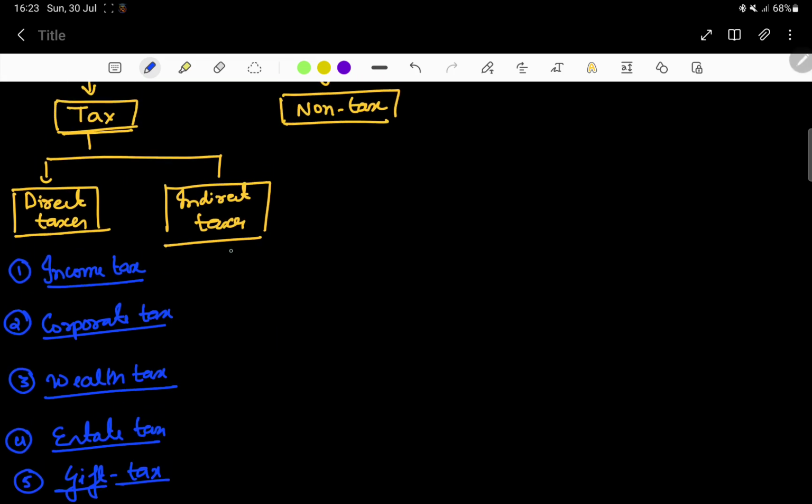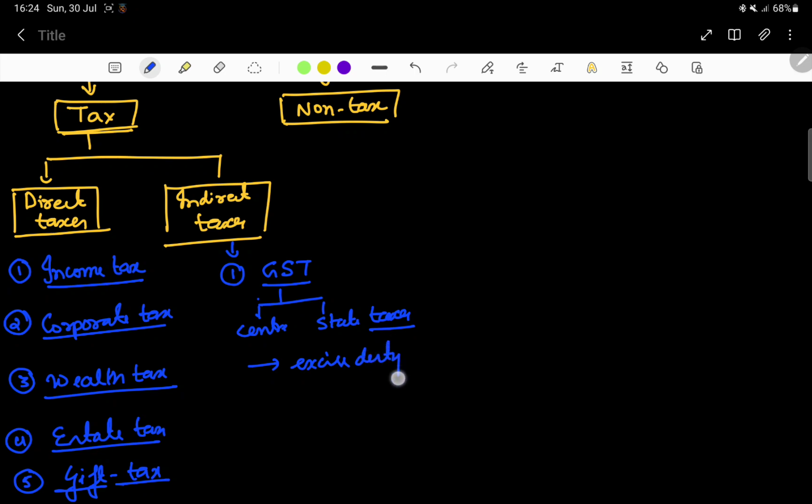In case of indirect taxation, recently in India we have GST, which clubbed center and state taxes, which were predominantly of the indirect type, and they include excise duty.